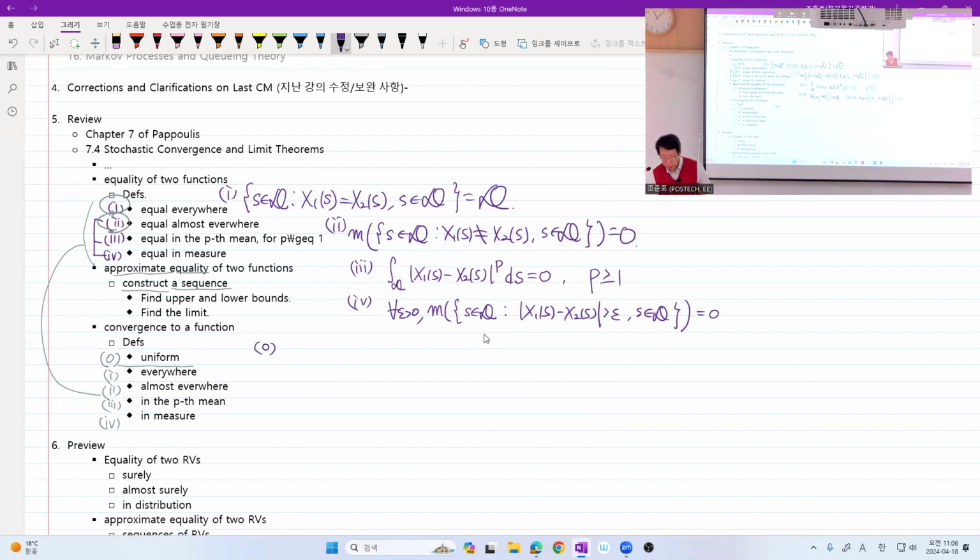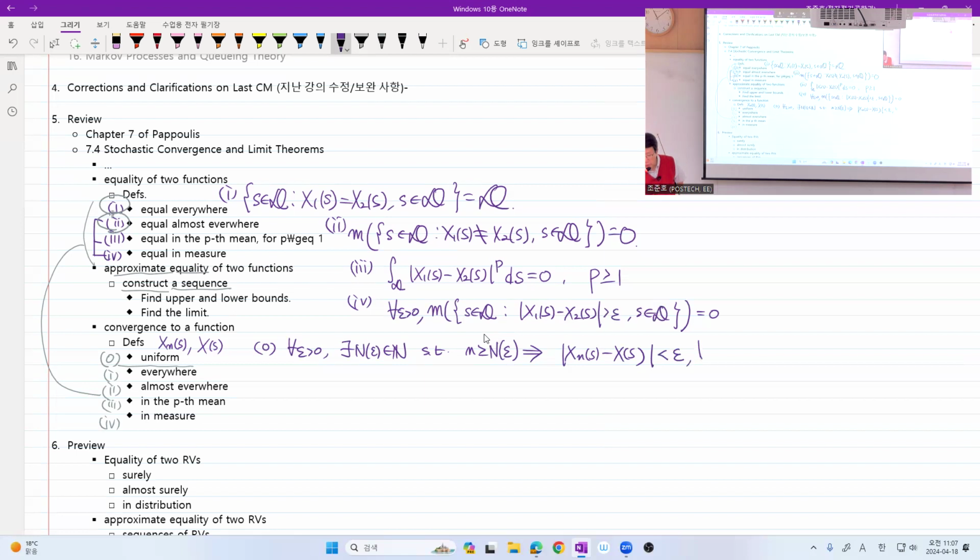And the uniform convergence is like this. For every epsilon positive, there exists N of epsilon, an integer, such that n greater than or equal to capital N of epsilon implies, let me consider the case where we compare the sequence of functions x of n and a function x of s, the difference is less than epsilon.